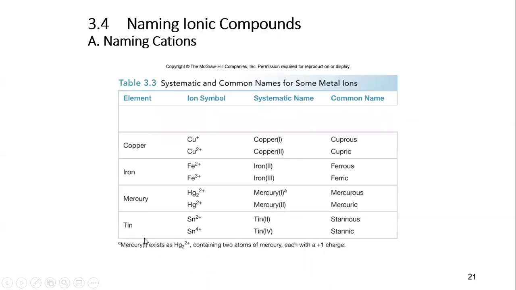So this just shows you some of the ones that have systematic naming. Copper is one, of course, iron, mercury, and tin. Also, we have lead.